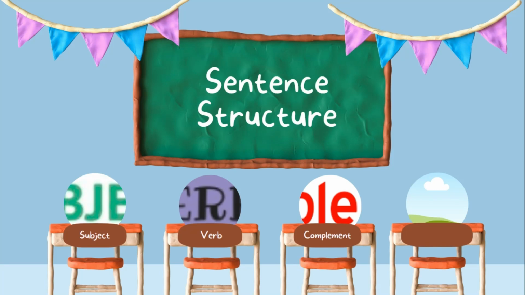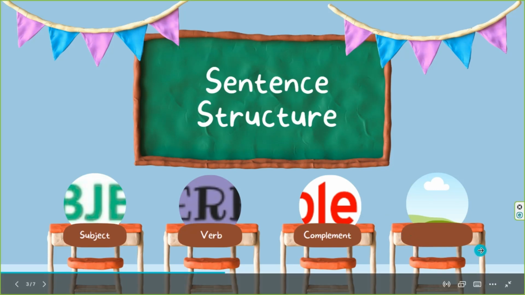So I say, Maria Jose jumps. Did you hear the S? Maria Jose jumps in the garden. Because Maria Jose is a she, I am going to include an S, right?